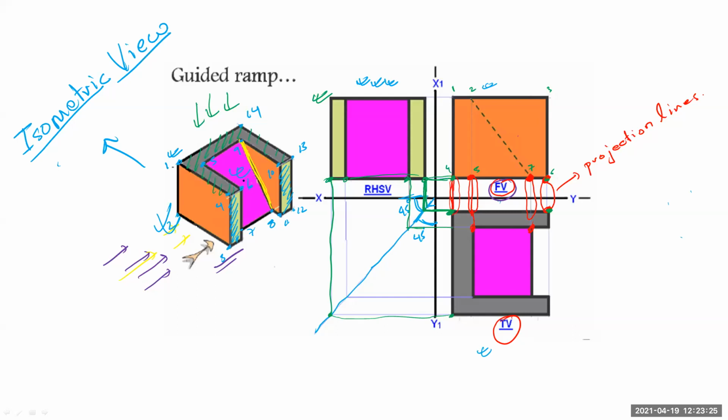There will be some hidden points on the back side to complete this rectangle also. So many points will be there that you have to project, and this is the way of projection. So the meaning of this 45-degree line, I hope it is clear to all of you.